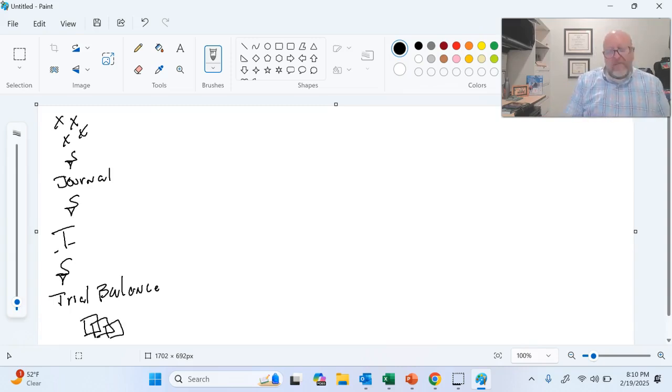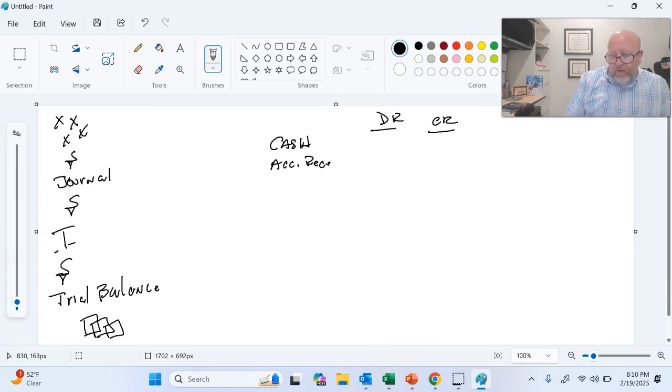The trial balance is just a nice way to check to make sure that we're doing things properly. It's going to have a debit column and a credit column, and a list of all of the different accounts that are in our system.